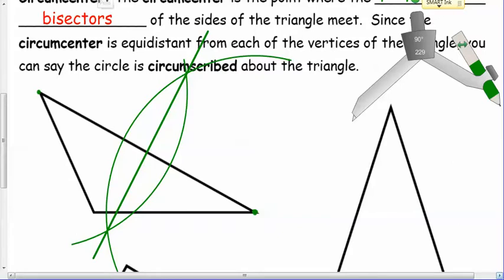So you can pick one other side. Again, it does not matter which other side you pick. I'm going to pick this one here. So now I'm going to have a blue dot and a blue dot, and I'm going to construct the perpendicular bisector of this side. It'll be my blue perpendicular bisector.